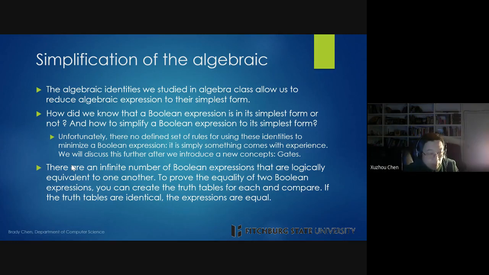We're going to talk about this a little bit later, because if you have two Boolean expressions, and one is simpler than the other, and both eventually give you the same truth table, then which one do you prefer? Of course, the simplified one. You always like the simpler one, right? You don't want the complicated one.